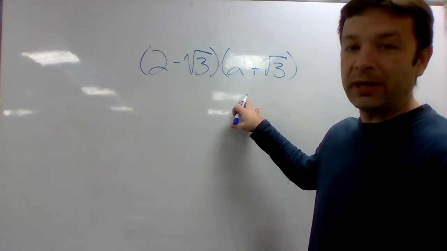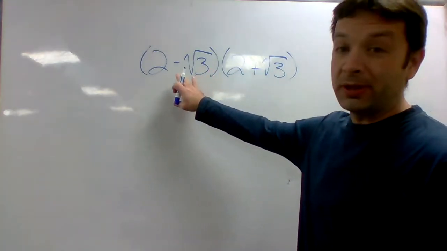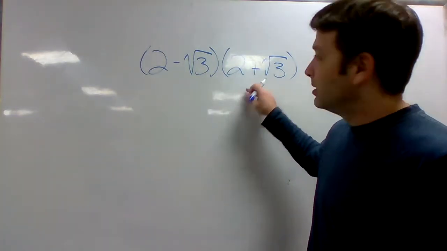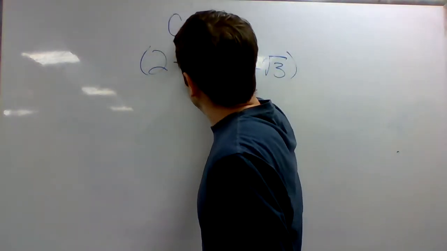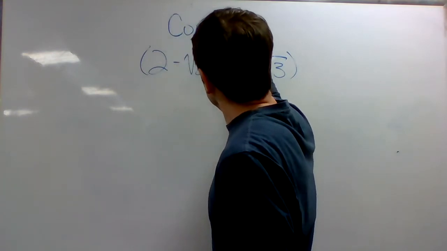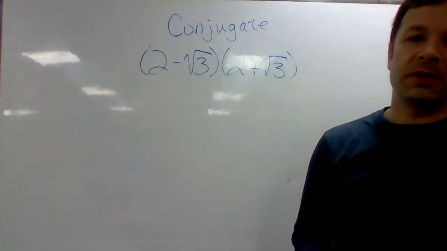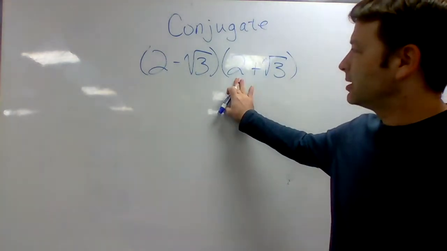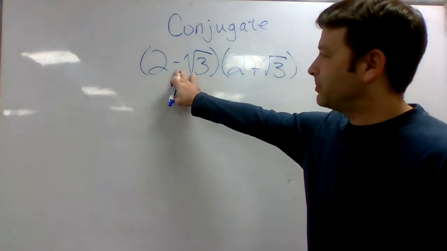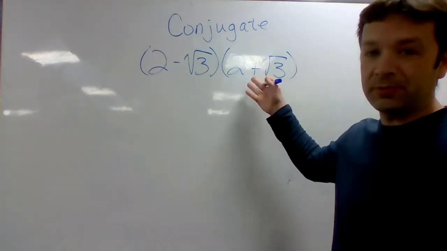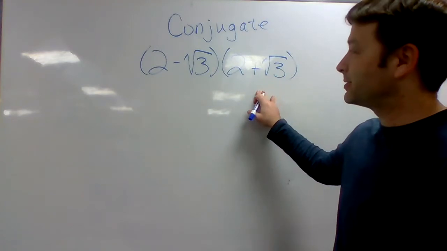I'll go ahead and do the entire FOIL, and also we called these conjugates, which we're going to need to know for this lesson. There you go, conjugate. Conjugates look almost identical. One has a minus in the middle, the other has a plus in the middle. Okay? And they're special because when they FOIL, stuff cancels out.